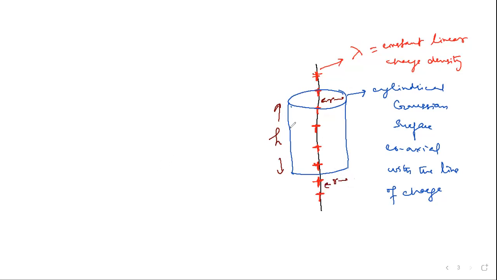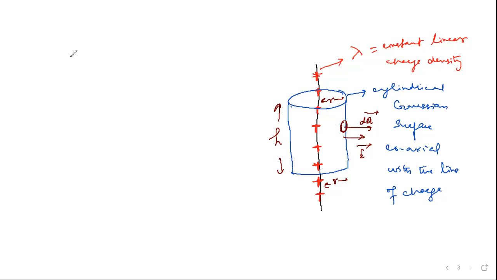Now this is positively charged line, so electric field will be outward. Now if I show a patch of area on the curved walls of the surface dA, that will be outward like this, and E here is also outward. Same is true for all patches of the curved walls of the Gaussian surface.